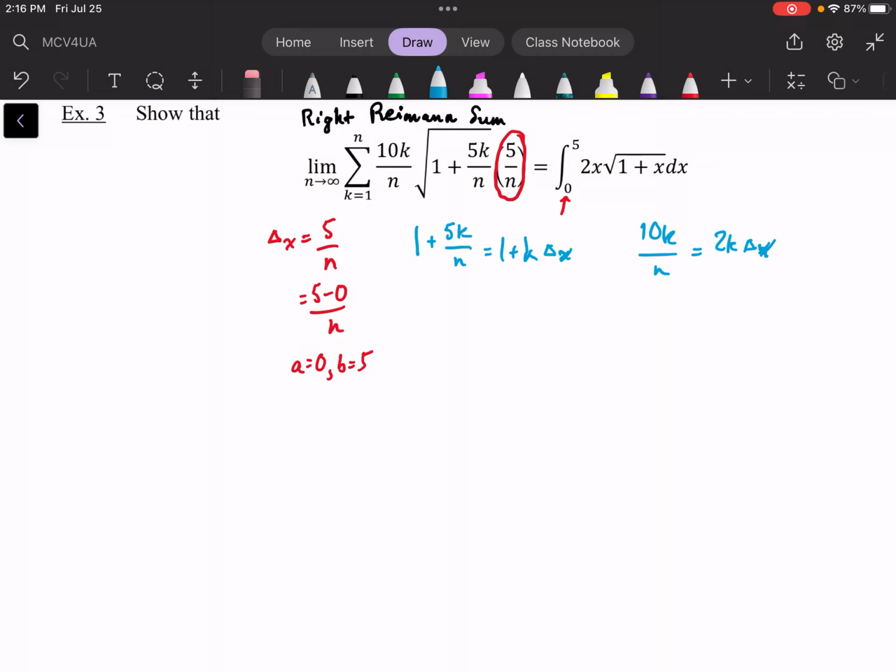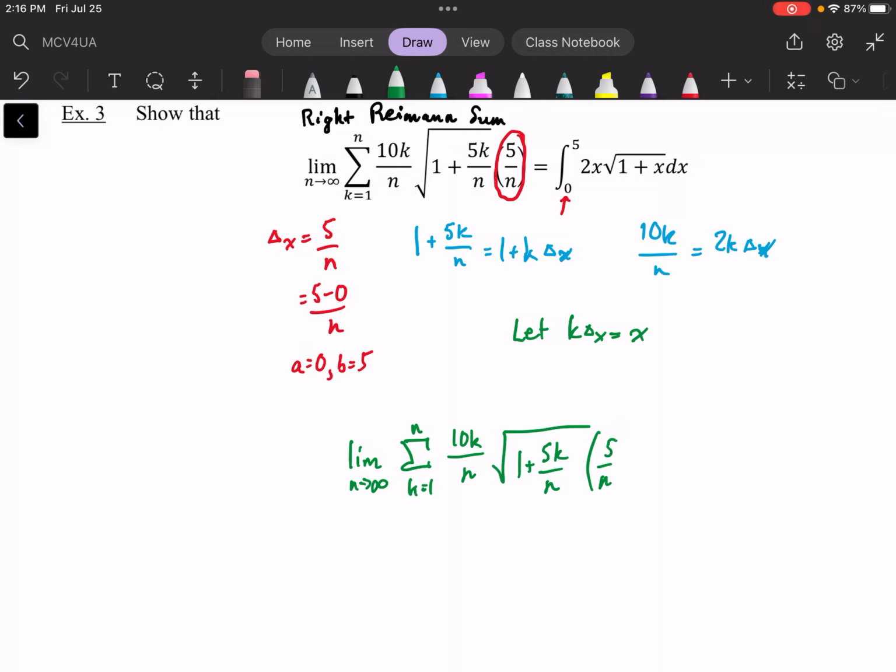So let me state that. Let k times the change in x equal our x values. Then now we can change our limit as n approaches infinity of the summation for k equal to 1 to n of 10k over n times the square root of 1 plus 5k over n times 5 over n.